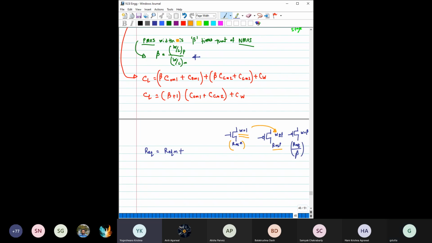But as per our assumption, we have taken P width beta times that of N width. So now the W is equal to beta. If this is 1, then it's beta. Then what would be the equivalent resistance of this PMOS? If for unit width it is R equivalent P, then for width beta it would be R equivalent P by beta. Is this part clear to you?